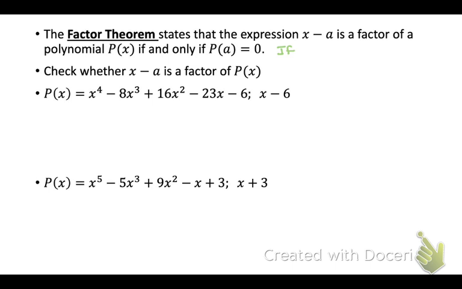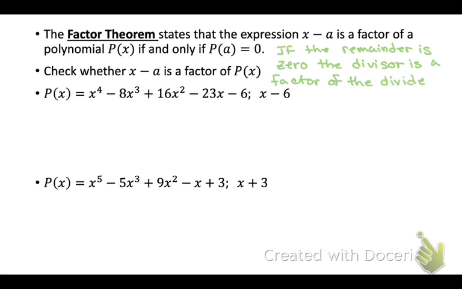So if the remainder is 0, the divisor is a factor of the dividend. Probably should say that, right? Use those words. So if the remainder is 0, it's a factor.